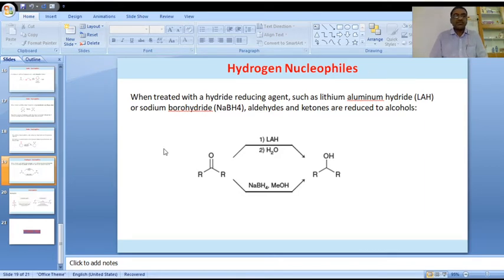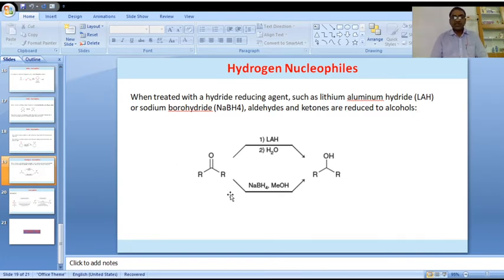Please observe. When treated with a hydride reducing agent such as lithium aluminum hydride, also called LAH, or sodium borohydride, NaBH4, these two are hydride reducing agents, and aldehydes or ketones are reduced to alcohols.